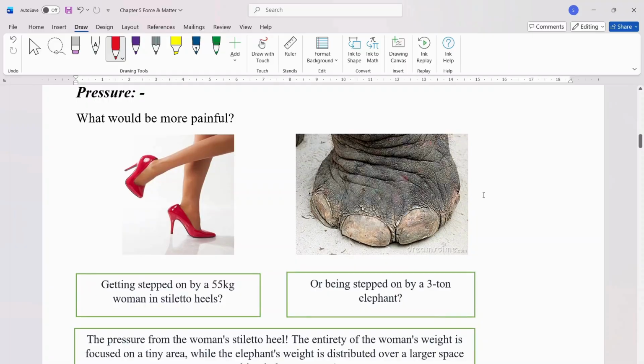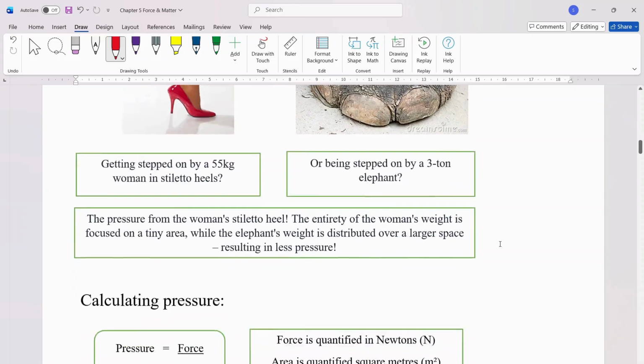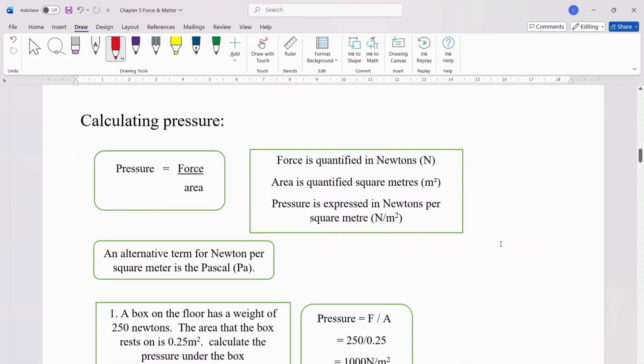So, pressure: what would be more painful? The more weight, the more pressure. Getting stepped on by a 55 kg woman or being stepped on by a 3-ton elephant. Of course, more force comes with more weight. So here we need to calculate the pressure, which is equal to force over area.